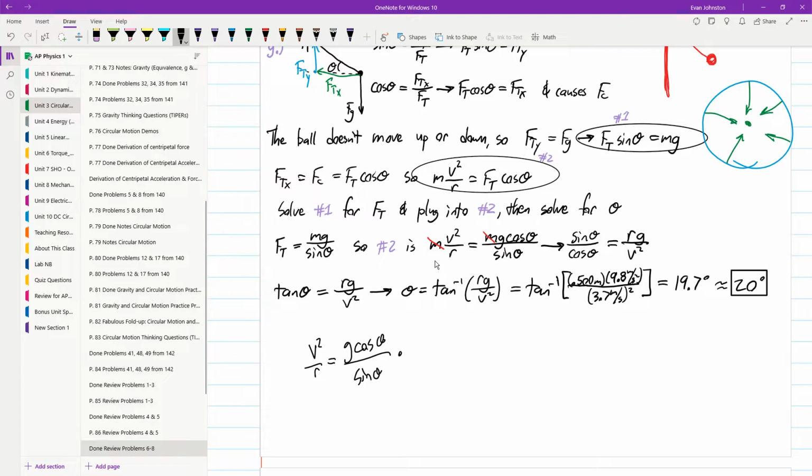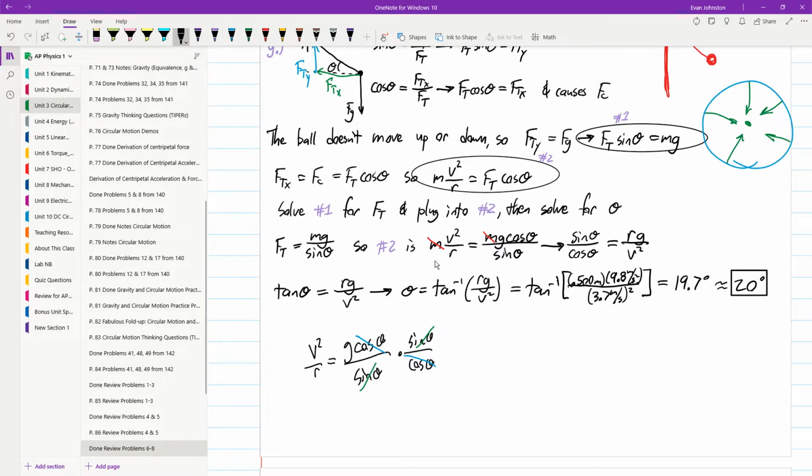Well, I'm going to multiply this side by sine of theta and divide it by cosine of theta. That gets rid of the cosine here and the sine here.